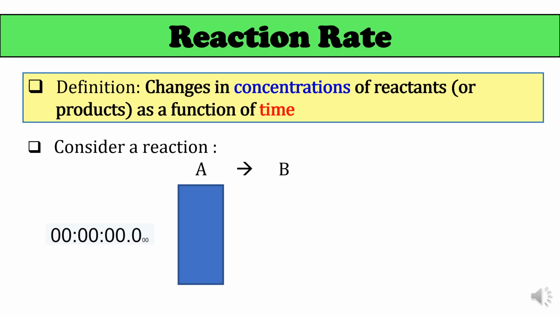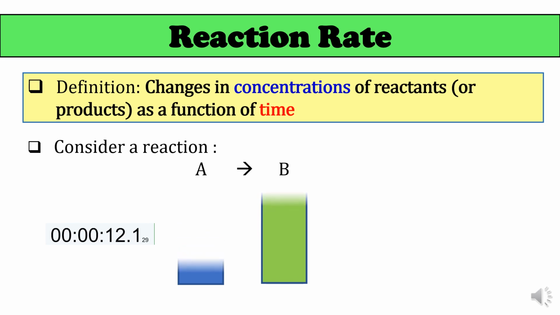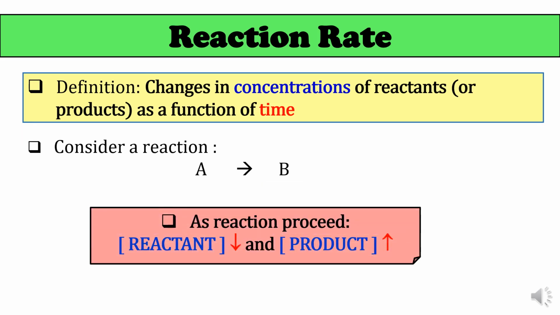Let's start the reaction and try to observe what will happen to the concentration of reactant and product. From here we can see that as a reaction proceeds, the concentration of reactant decreases and the concentration of product increases with time.